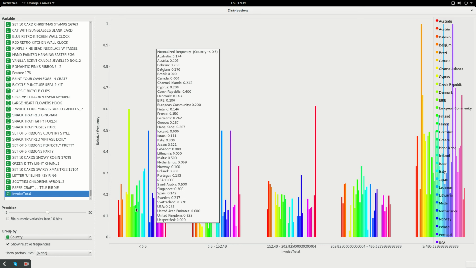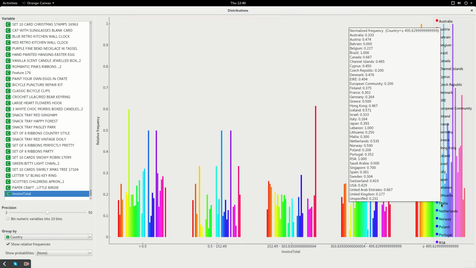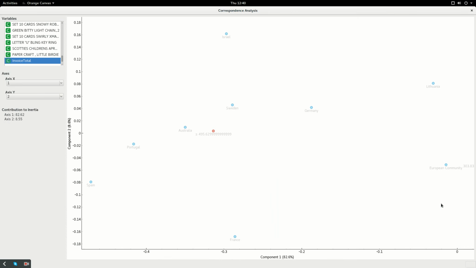So Australia has a pretty equal amount of representation in the lower value or returns values. However, there is 3 times as many transactions in the high value category, which is why Australia is bunched towards the high value transaction rate. So that's another data insight that we can have.